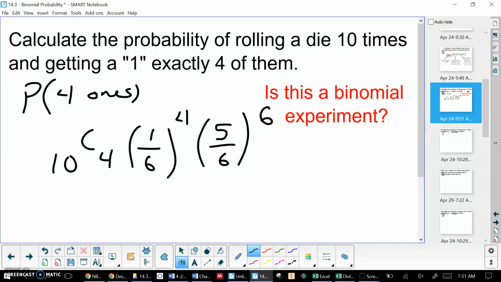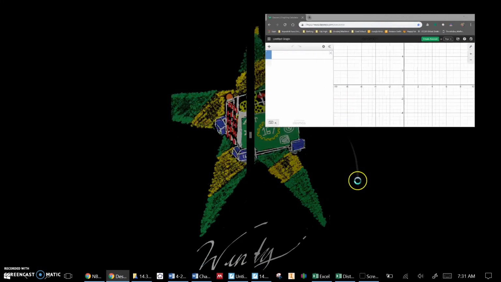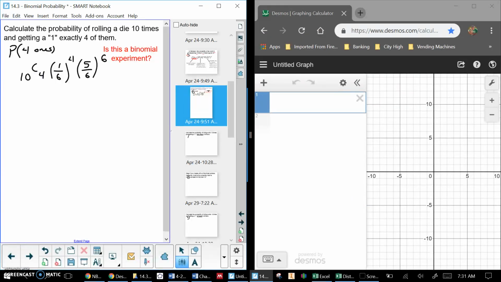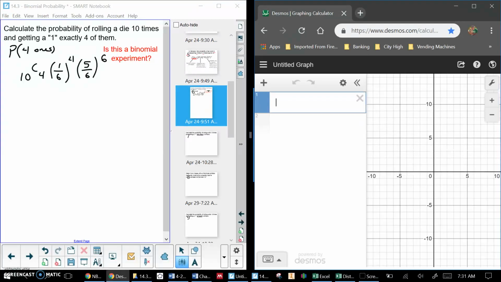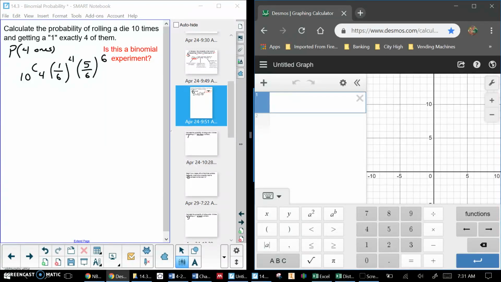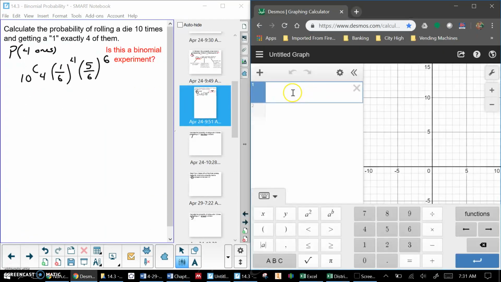And we just have to type that all into our calculator. So I can get up both screens at once, we go ahead and type this in. Okay, so what we've got here is we have to do our 10 choose 4.